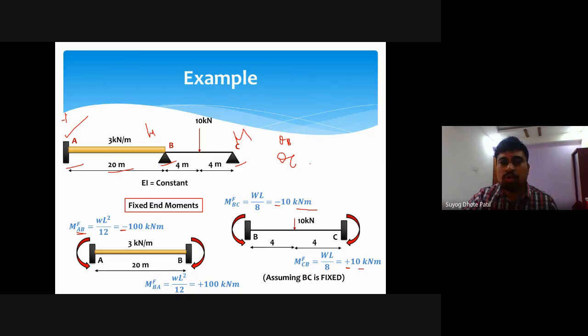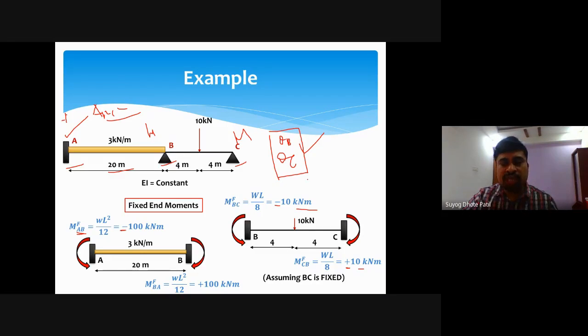So only two basic unknowns are there, which means if I ask the question to analyze this beam by using the slope deflection method, we should know what we have to calculate. For that particular beam, we have these two basic unknowns, and for these two unknowns we have to analyze this beam.